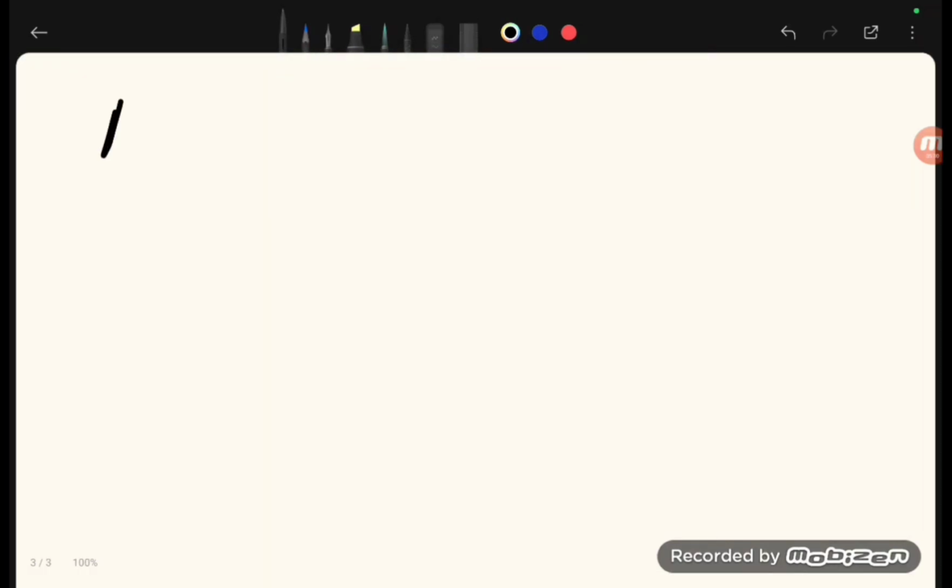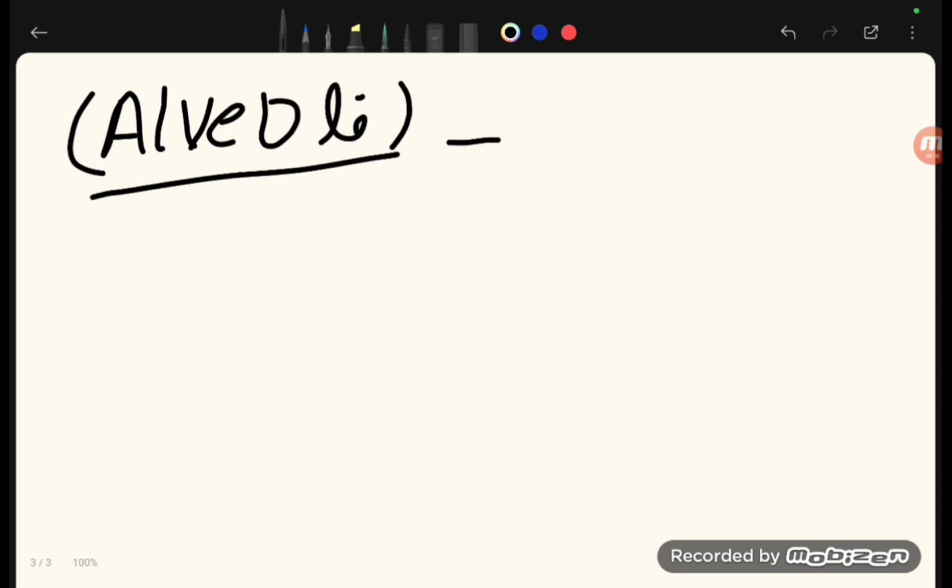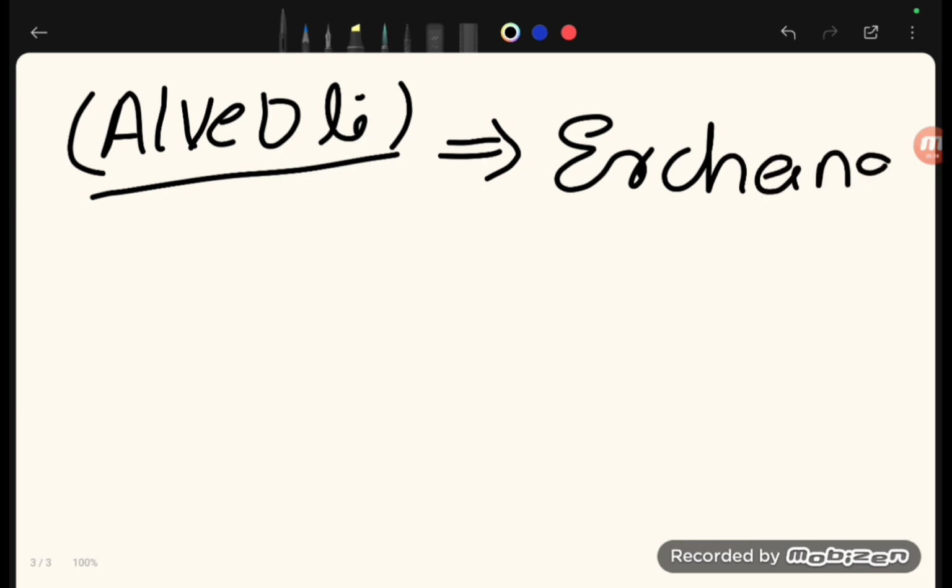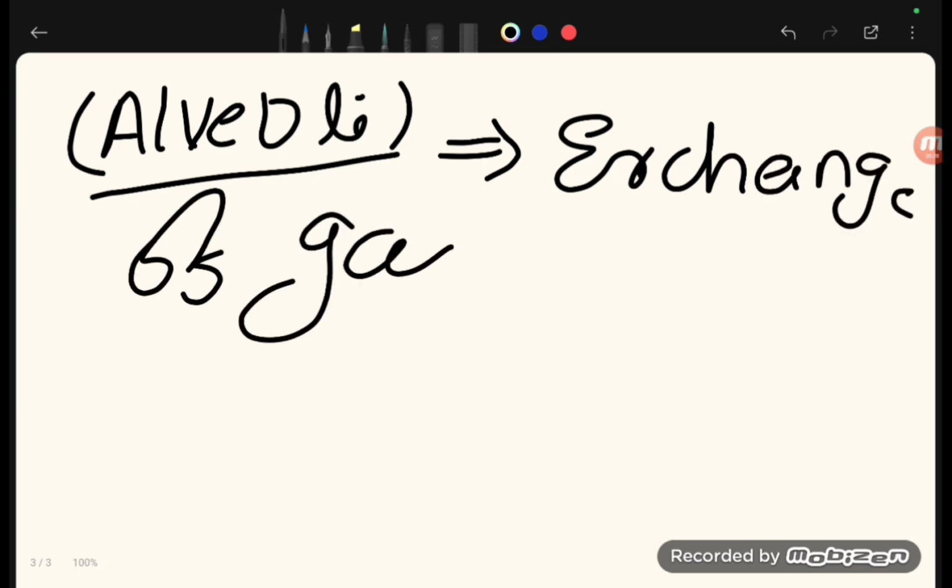What is the role of alveoli? As we all know, in the alveoli the exchange of gases takes place.